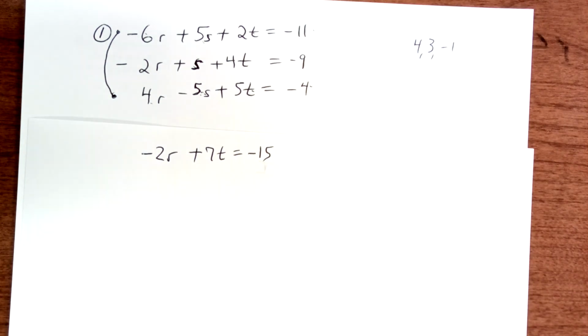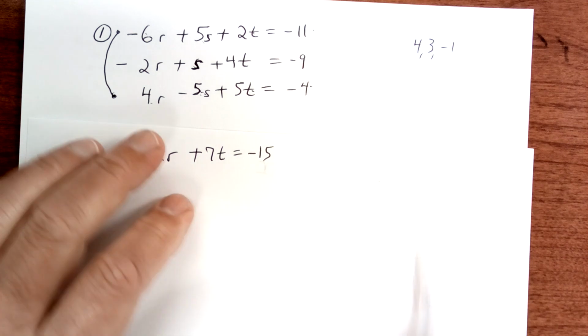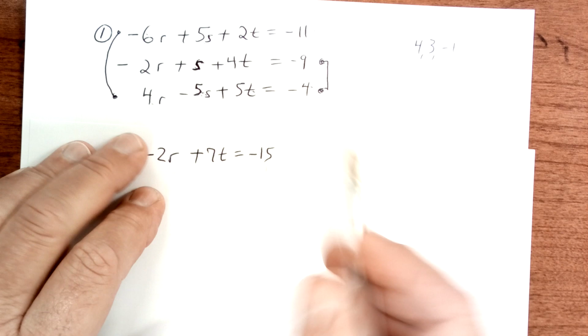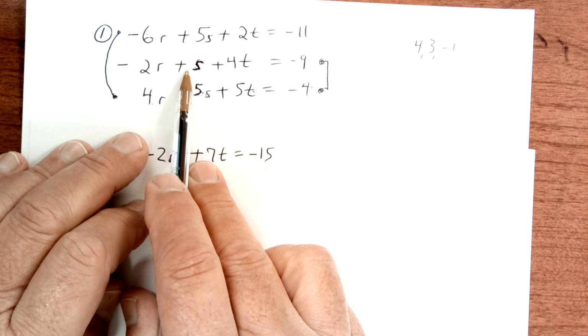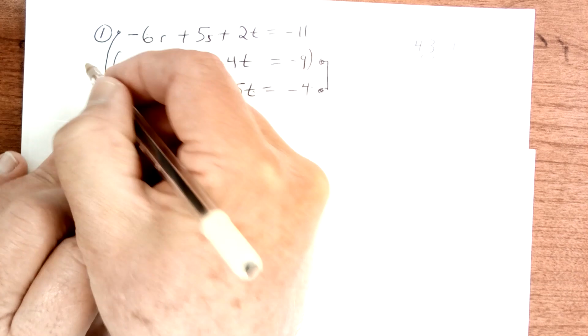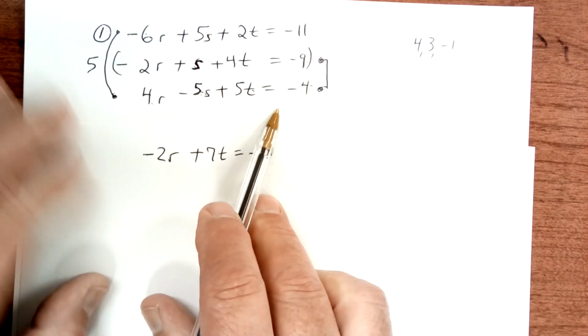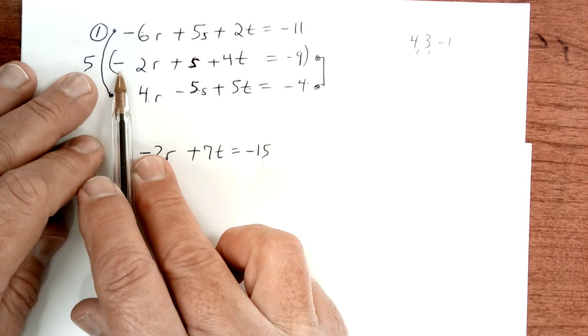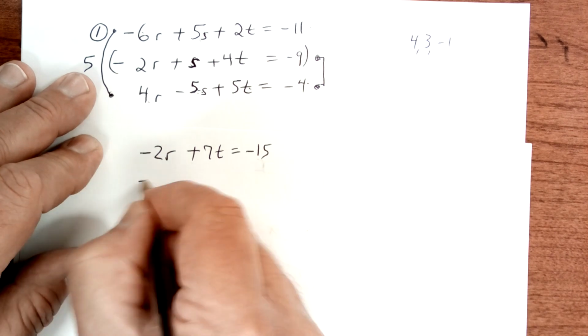My second one, I guess I'm going to use these two right here. But to do that, I need a plus 5 right here. So I'm going to multiply this one by 5 and then add it to this one. So that's going to give me a negative 10 plus 4 is going to give me a negative 6. Okay?